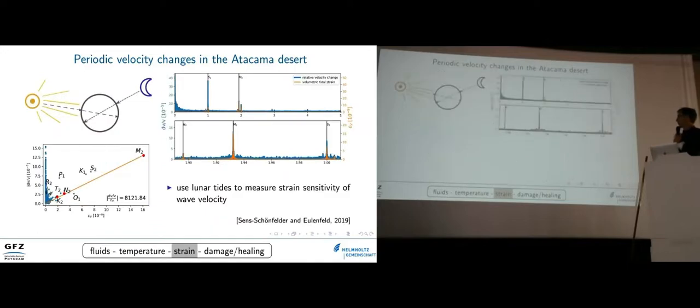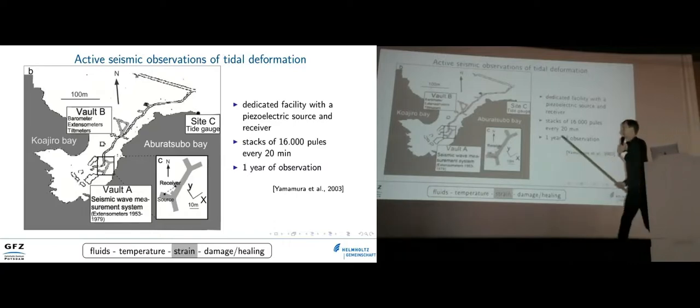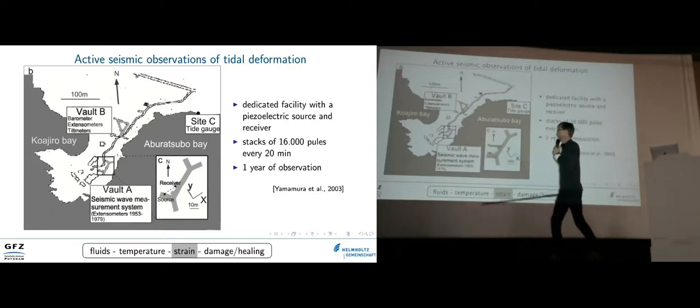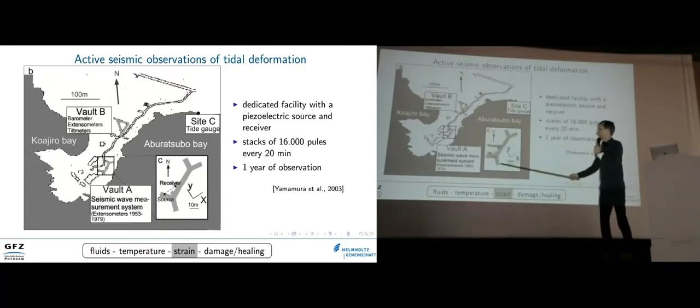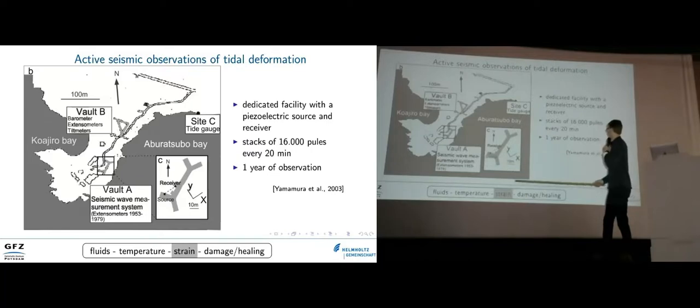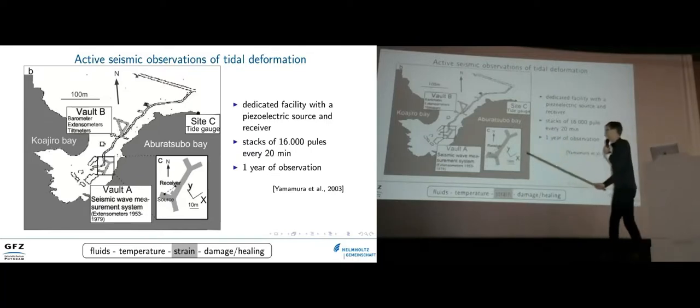But what I want to show is this application here, which was done in 2003 by Yamamura in a dedicated facility. So it's in Japan, and there are galleries underground, and there's a receiver and a source that is fired every few seconds.